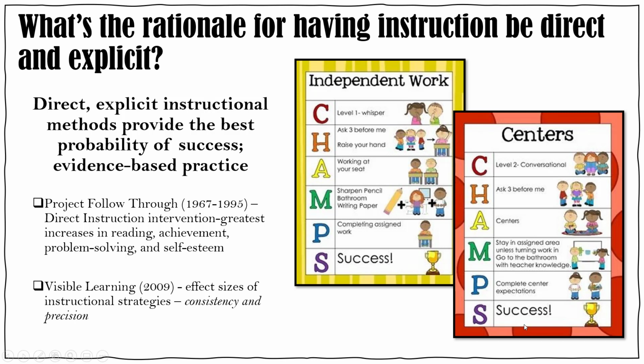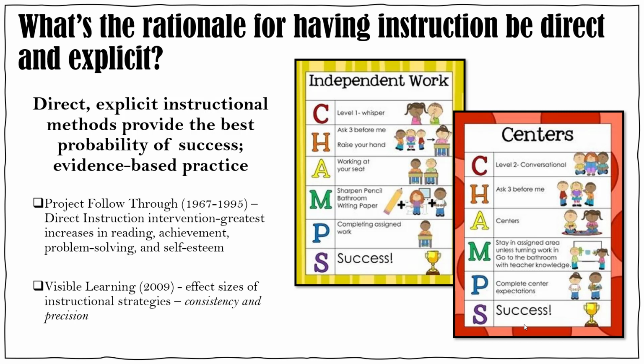Basically, it's because that's evidence-based. The research has shown it's an evidence-based practice. The research has shown that providing direct and explicit instruction gives your students the best probability that they're going to be successful.